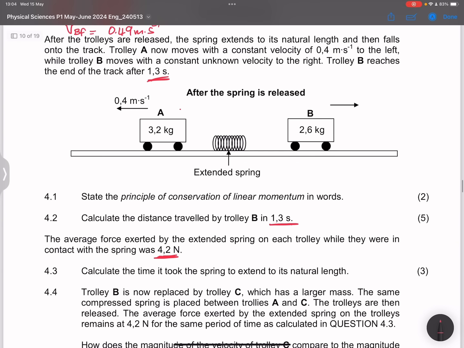So let's take the change in momentum of trolley A. F net times delta t is equal to change in momentum. I know the force that would have been exerted is 4.2. I want the time that it takes. Remember, I'm taking trolley A, so in this case, the mass is 3.2.